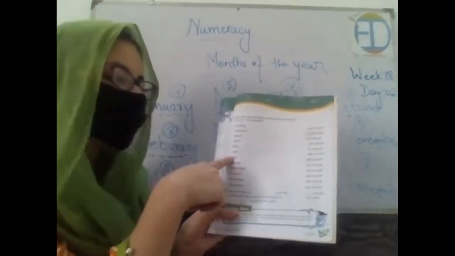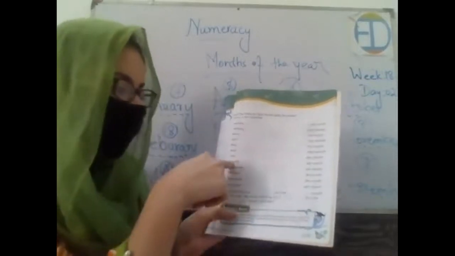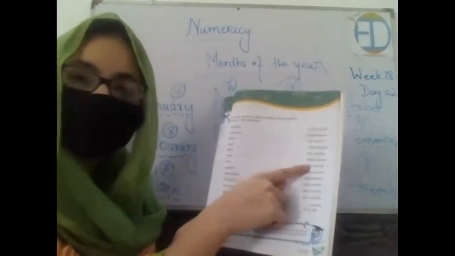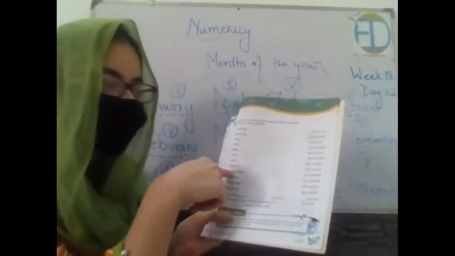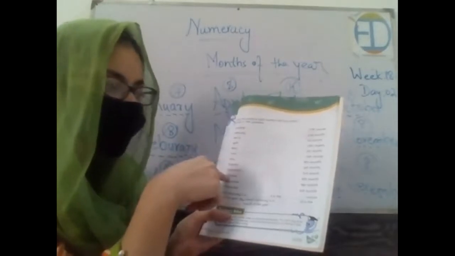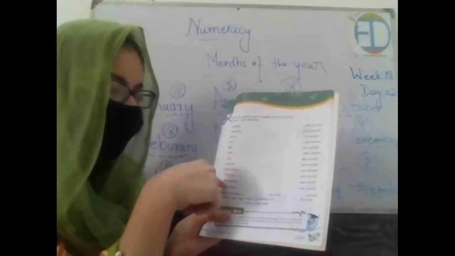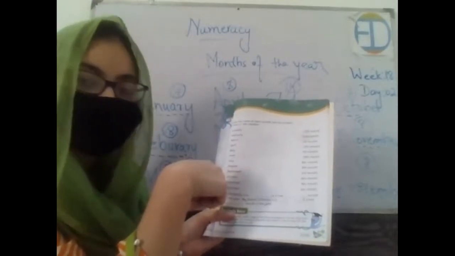Then we have July. It's seventh. August, 8th. September, 9th. October, 10th. November, 11th. Then we have December, which is 12th month, right?